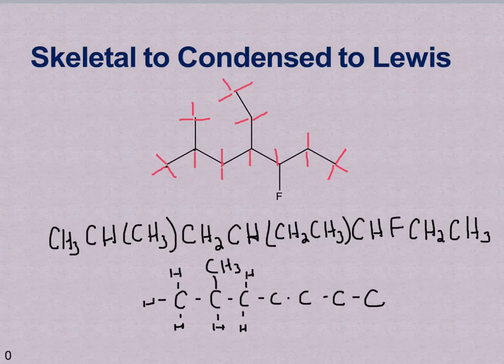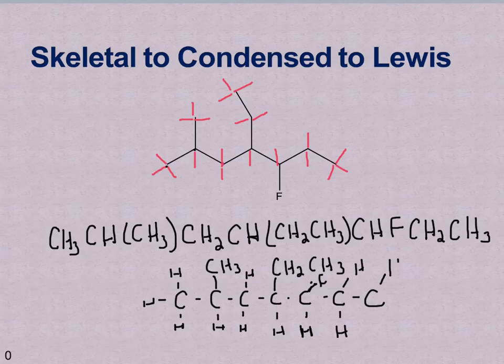The next carbon atom has a hydrogen and an ethyl group, so CH2CH3. Again, I'm not showing those expanded out just to save a little bit of space here on the screen. The next carbon atom has a hydrogen and it also has a fluorine atom. My next carbon has a hydrogen, and then I have a hydrogen, and hydrogen.